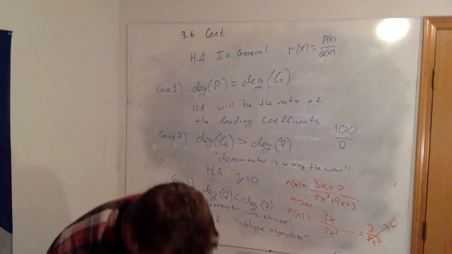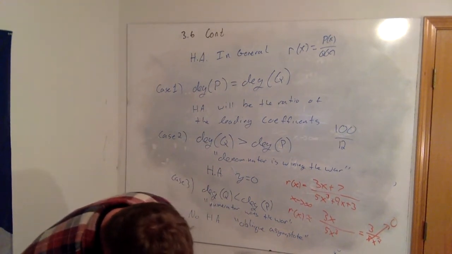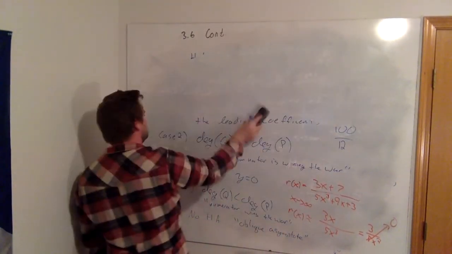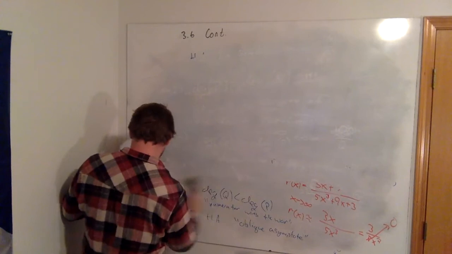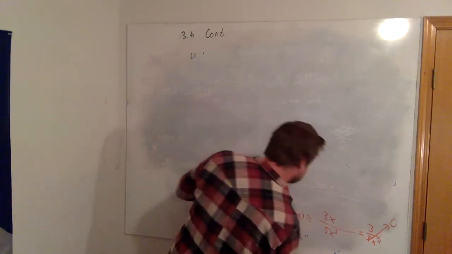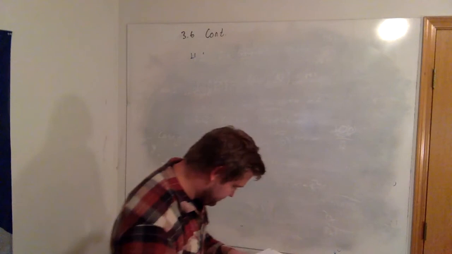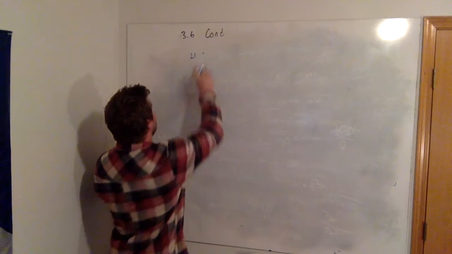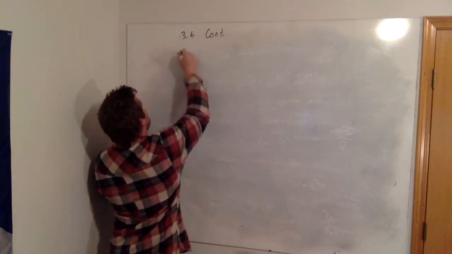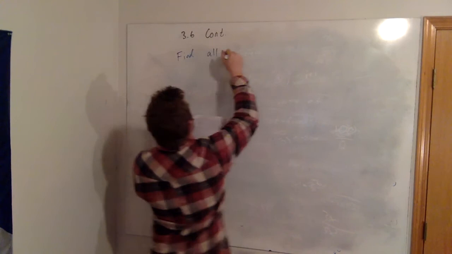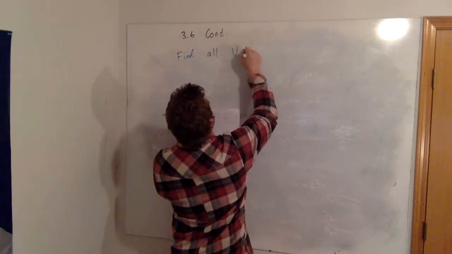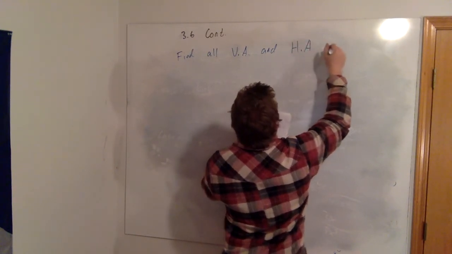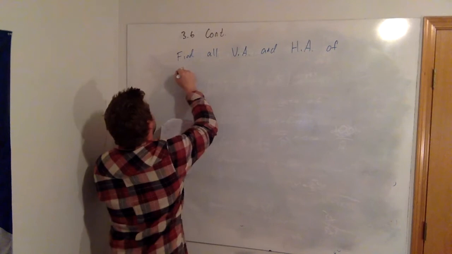Okay, so let's just do a couple examples. What I want us to do here is find all vertical asymptotes and horizontal asymptotes of the following.